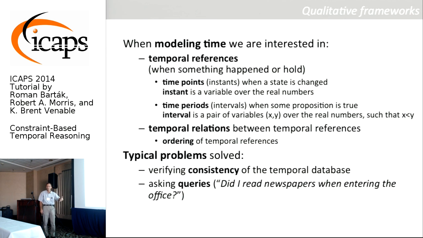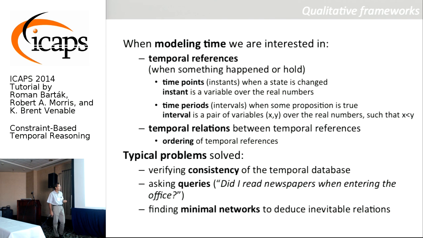Well, it's obvious for you, but I will show you how to formally deduce the answer to this question. Or we can try to deduce some extra information from the temporal network. We will be talking about minimal networks, meaning we will deduce information that is inevitable, must be true, definitely, in the world that is described by a given temporal database.